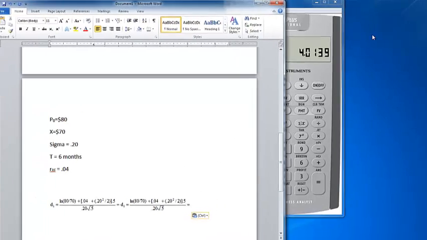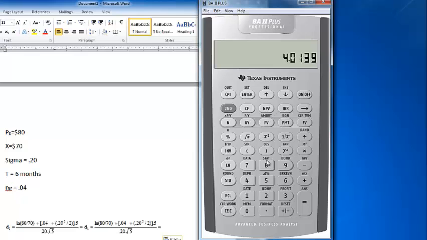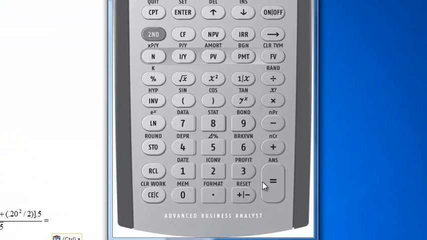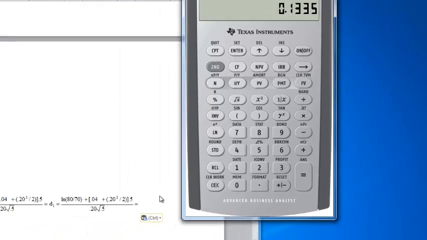So I'll calculate the first argument, 80 divided by 70. And because the stock price is greater than the strike price in this case, our answer should be greater than 0. So it'll be a positive answer here. So we get 0.1335.